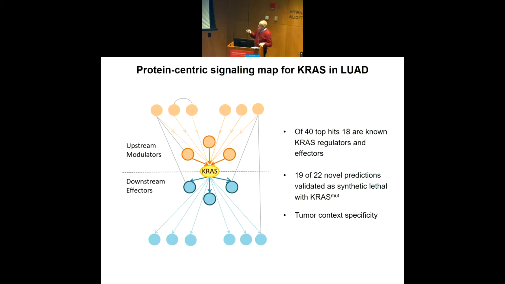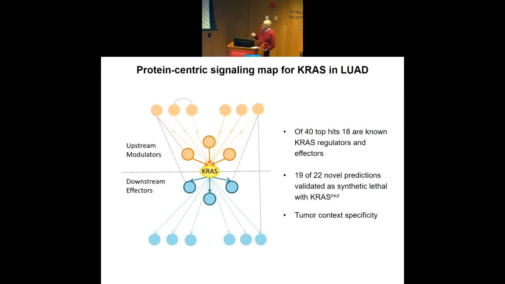And of the novel predictions, 19 out of 22 were validated by synthetic lethal experiments of Alejandro Sweet-Cordero at Stanford. So this is just, again, a taste of what we're able to do, which we think is fundamentally new, having tumor-specific, cell-specific pathways with physical interaction included.